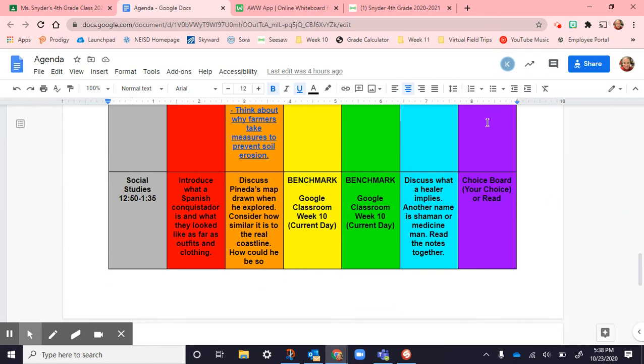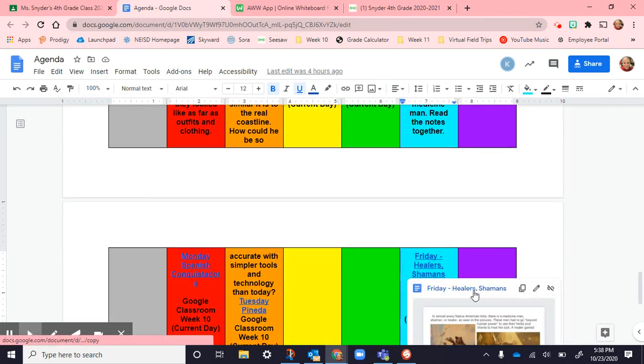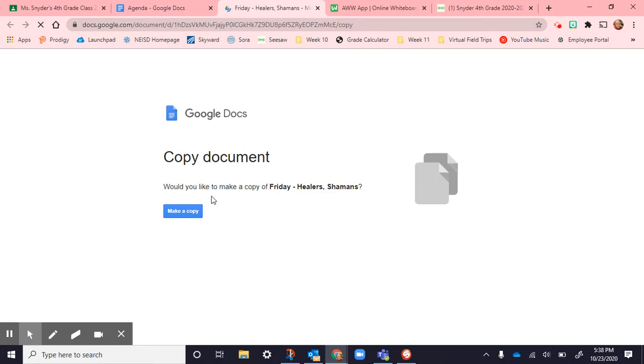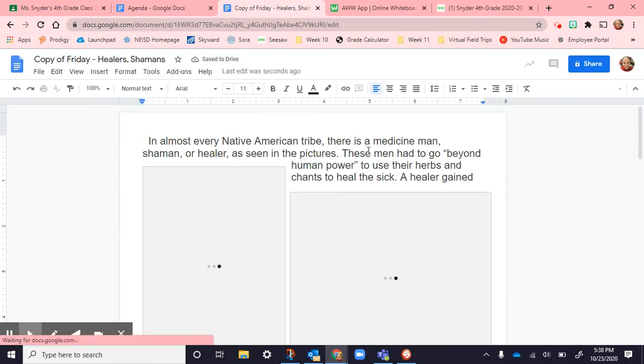In social studies today, we talked about healers and shamans. So let me open up this. So it says in almost every Native American tribe, there's a medicine man, a shaman, or a healer, as seen in these pictures, which are coming.